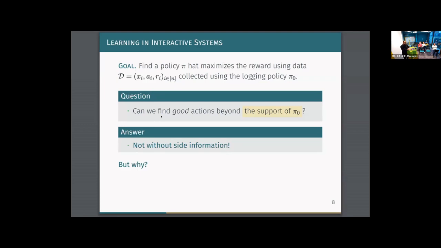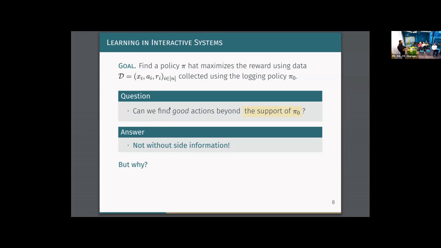But looking at this question, if we put our minds as researchers, what would be the correct way to answer it? Well, we thought it would be to look at all the methods in this area of research and see if they can go beyond the support of Pi0.